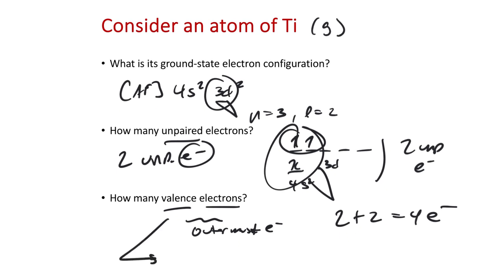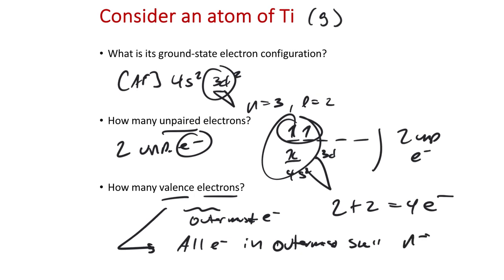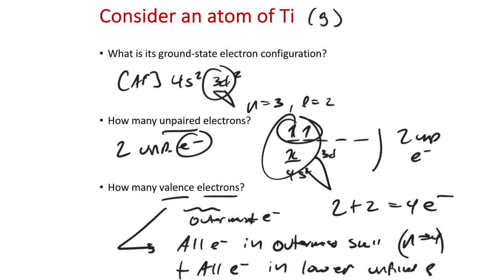We can think of valence electrons as all the electrons in the outermost shell, which for this atom is n equals 4, plus all electrons in a lower unfilled subshell. The 3d subshell is not the outermost n value anymore. It's n=3, not n=4, but it's unfilled, so we count those two.